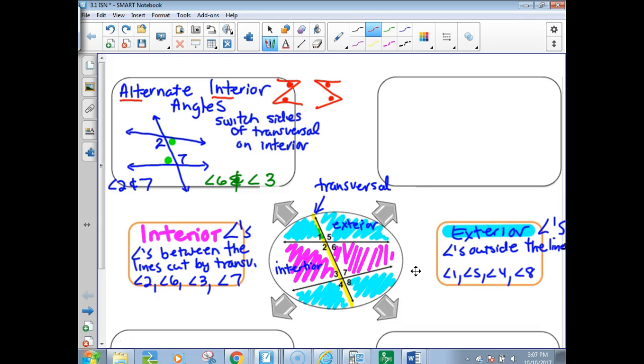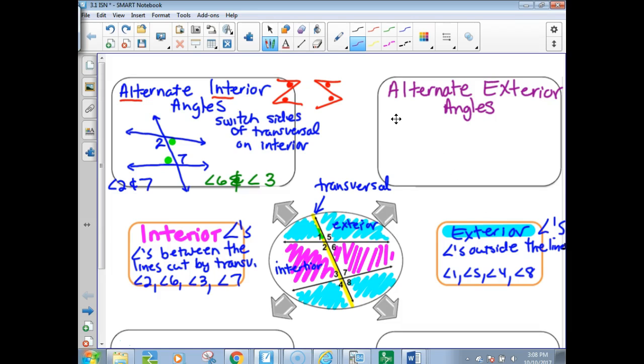So since we just talked about alternate interiors, there are some angles called alternate exteriors. Okay, so alternate interiors were inside the lines. Alternate exteriors are going to be outside.